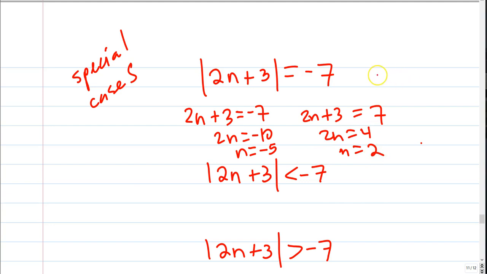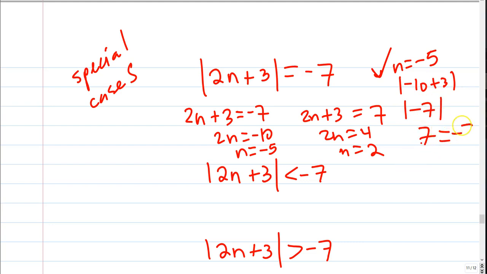When I check these answers, check, negative 5 times 2 is negative 10, plus 3. I get the absolute value of negative 7, which is 7. Does 7 equal negative 7? This answer doesn't work.